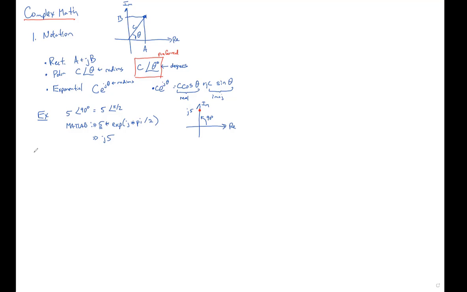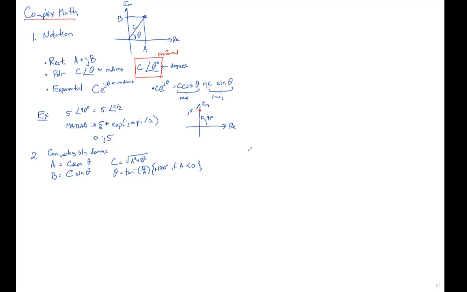All right. Next thing, I want to talk about converting between forms. We've already talked about that. You can convert to sine cosine form here or to polar notation here. And of course, we talked about this in the context of sinusoids, but the same thing is true for complex numbers.